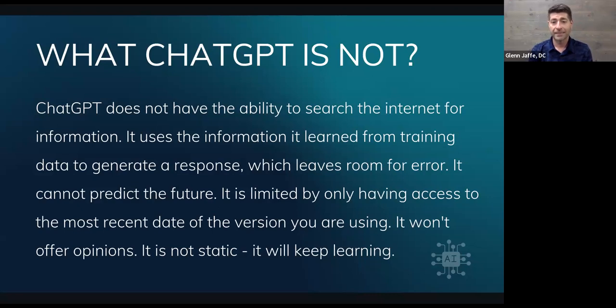It is limited by only having access to the most recent date of the version that you're using. If I remember correctly, the latest version of ChatGPT that I had been using was, I think, back in March of this year. Previous to that, I believe the most recent iteration of it was November. So it seems like it's about a 5 to 6 month window between versions that come out.